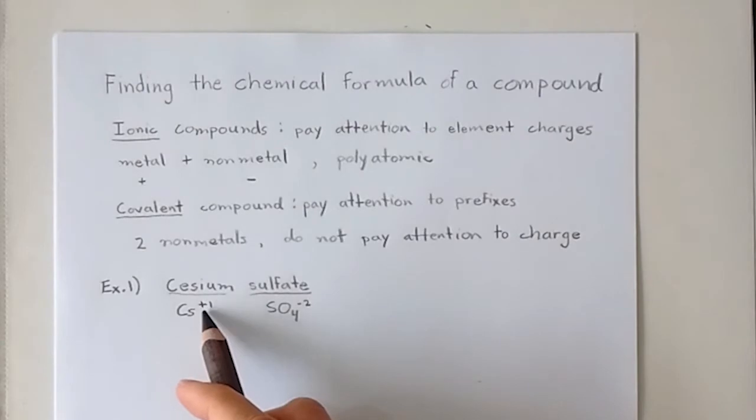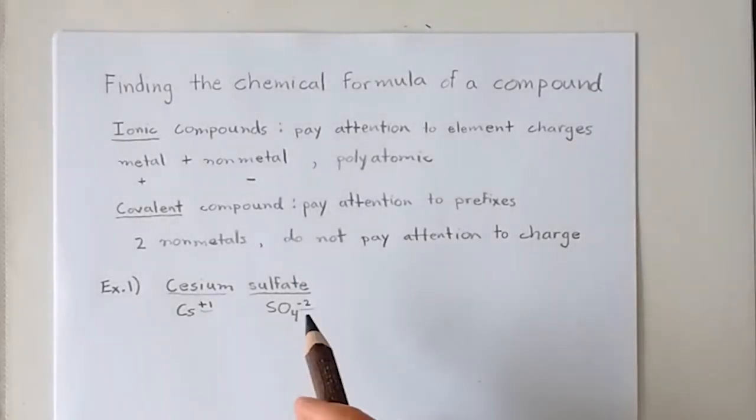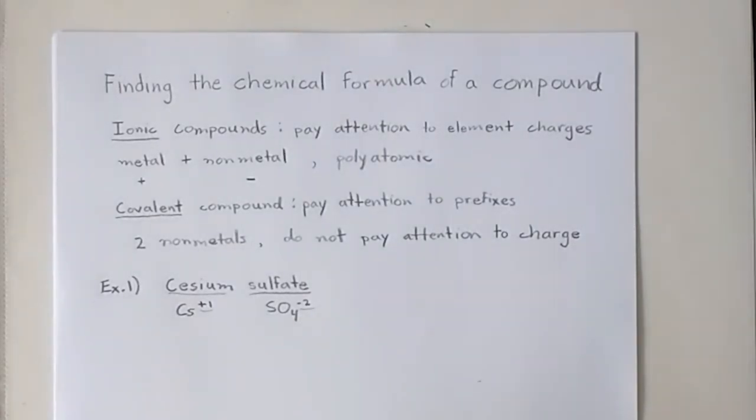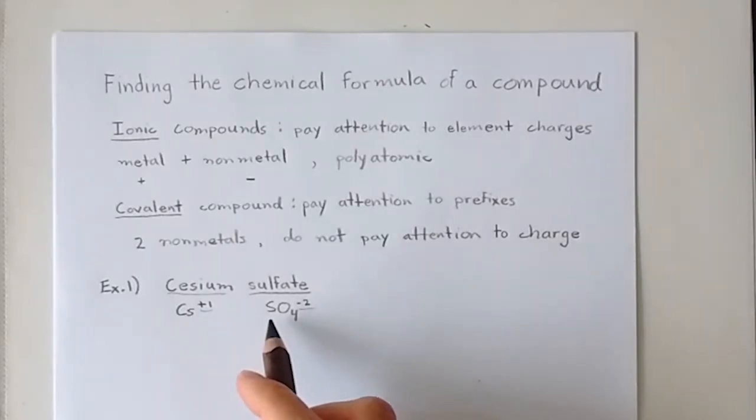So between 1 and 2, the least common multiple is 2, meaning that 2 is evenly divisible by 1 and also by 2. So the next step is to put these two parts together, so we have one element and a polyatomic ion together, so that the compound has a 0 charge at the end, so that the compound is neutral.